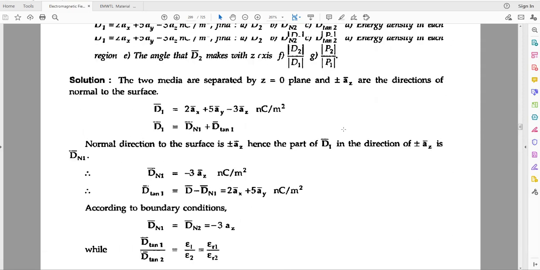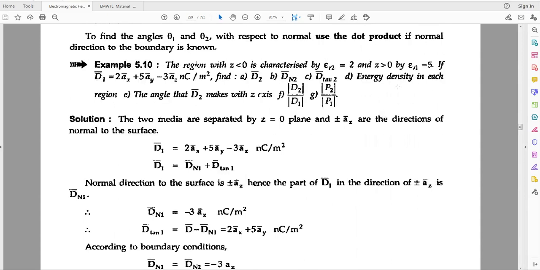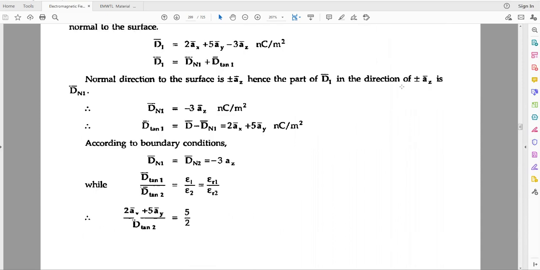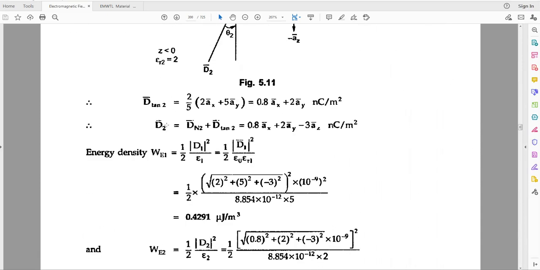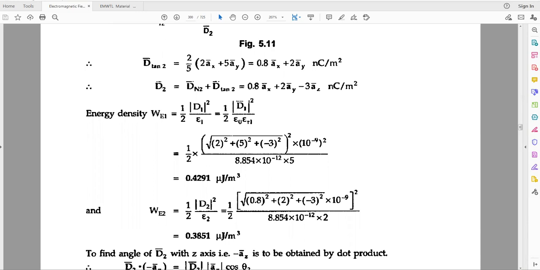Another one they ask is the energy density in each region. What is the energy density formula here? W is equal to 1 by 2, in terms of D or in terms of E, it is D square by epsilon, or epsilon E square. So WE is actually 1 by 2 integral of D bar dot E bar.